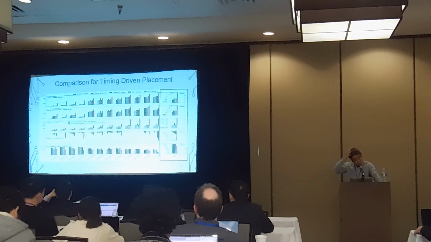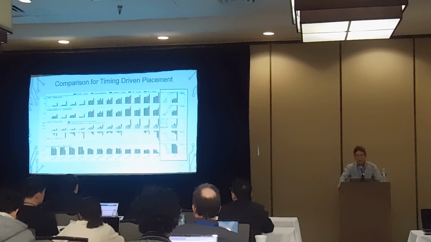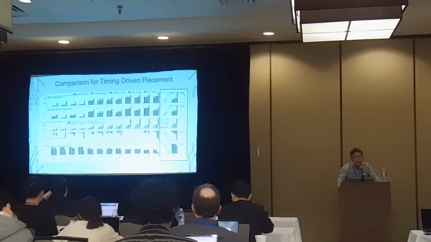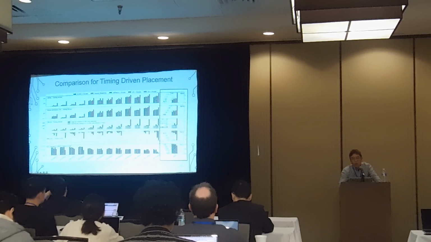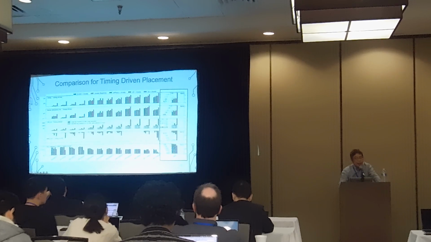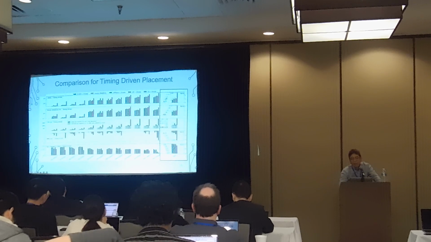And this one has more results. We play with timing-driven placement, and we compared. The blue one is from our result, and the first row is the half-perimeter wirelength. Compared with Vivado, we achieve over 20% wirelength reduction.